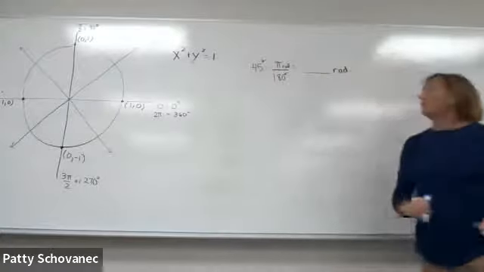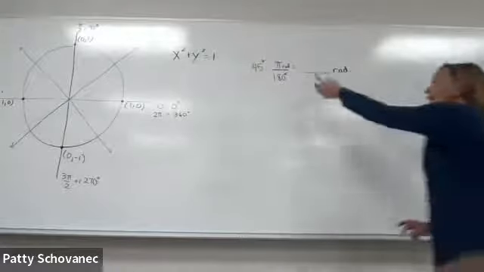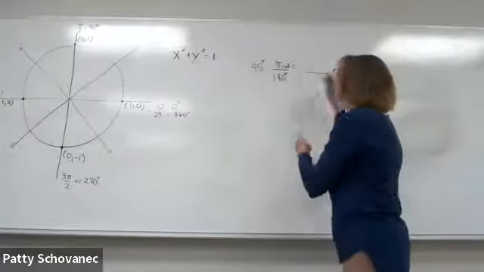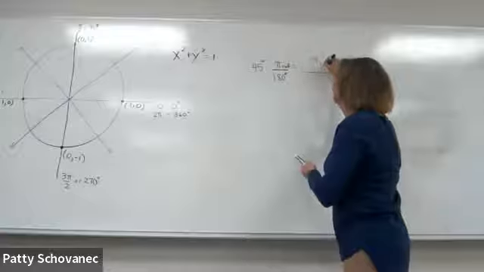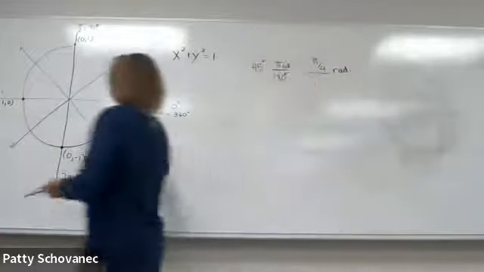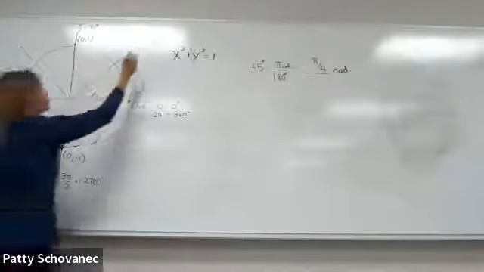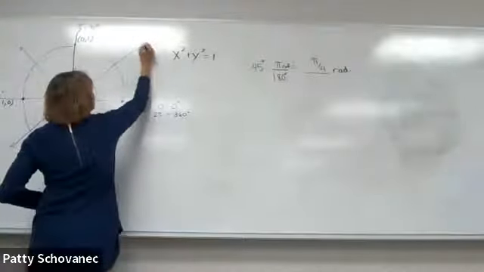And I have 45 pi over 180 radians. But that's going to simplify. 2 times 45 is 90. So 4 times 45 is 180. So 45 cancels into 180 and gives me pi over 4. Which makes sense. I cut the top half, pi radians, into quarters. So this is pi over 4 radians.